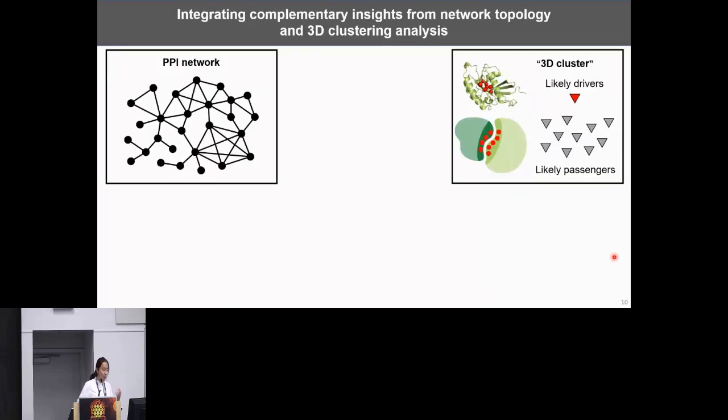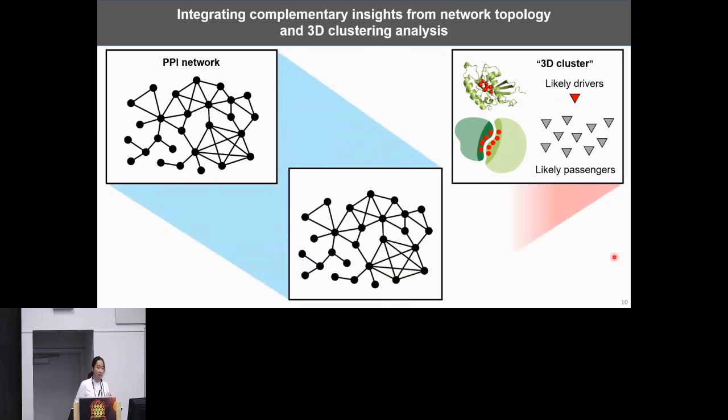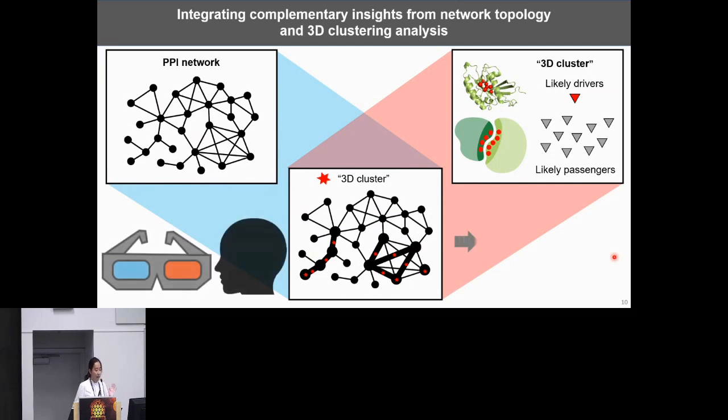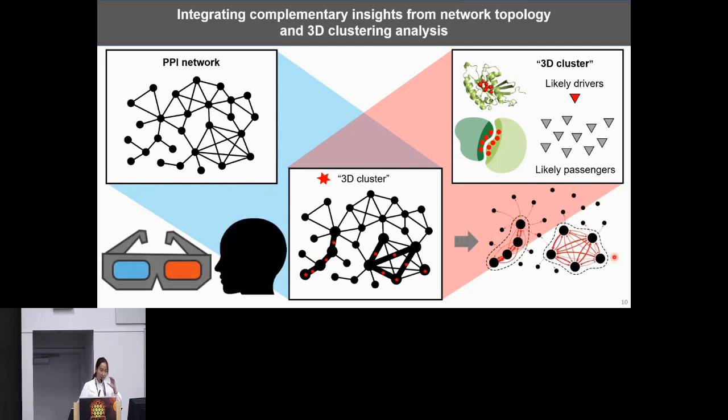To give you a more detailed view of how this is achieved, specifically we identify 3D clusters within every single protein as well as on the binding interface of every known protein-protein interaction so that we can gain a global view of how these local 3D clusters within the protein structure are globally organized in the network so that we can identify their convergence on common modules in the network. So it is precisely because of the unique combination of 3D clustering analysis and the network topology that we name our entire framework NetFlow 3D.